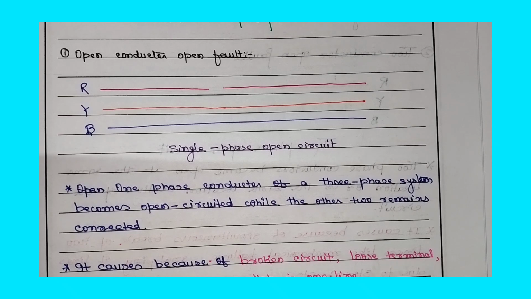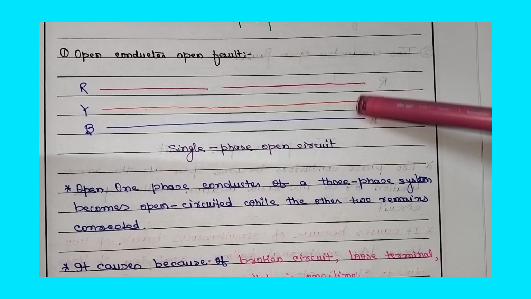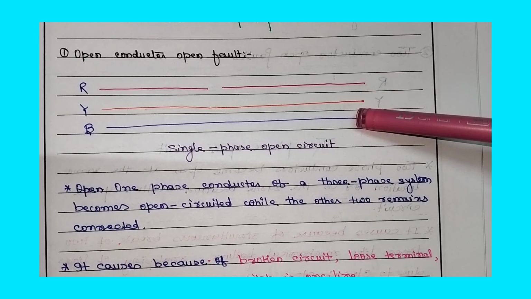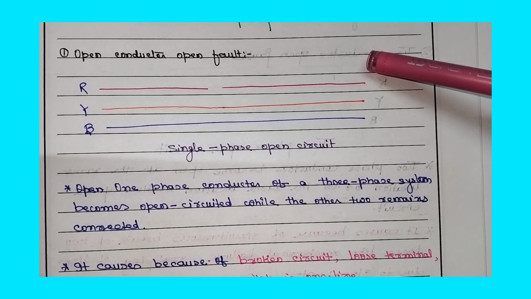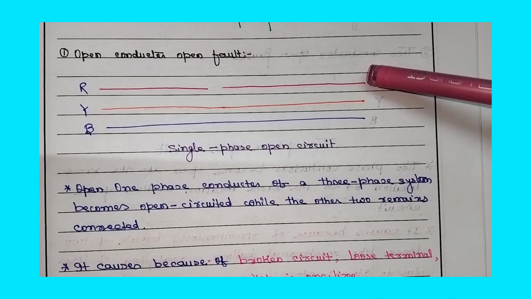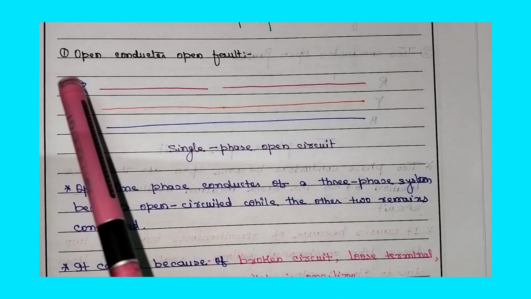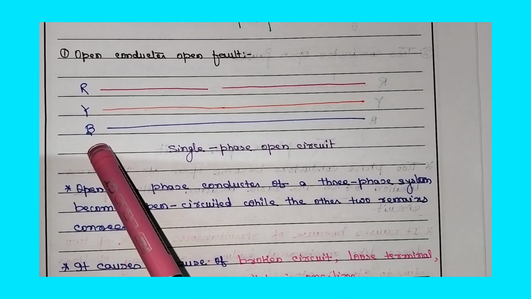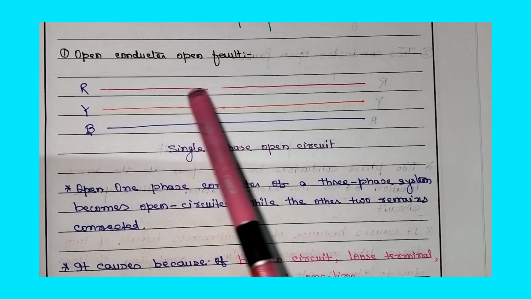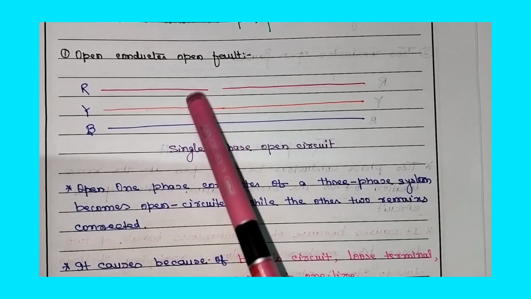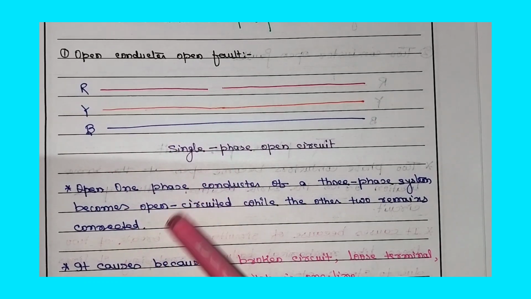Here one phase of the three phases becomes open circuited while the other two phases remain connected. The diagram shows the R, Y and B phase lines, where one line is broken. This type of fault causes unbalanced voltages and currents, leading to overheating and equipment stress.